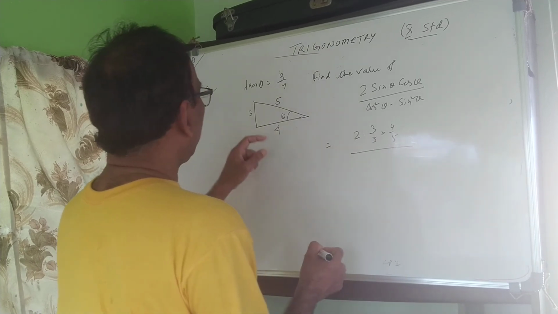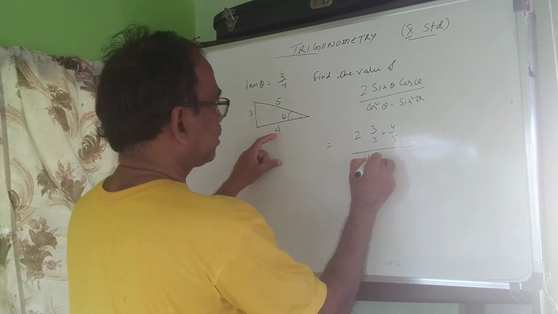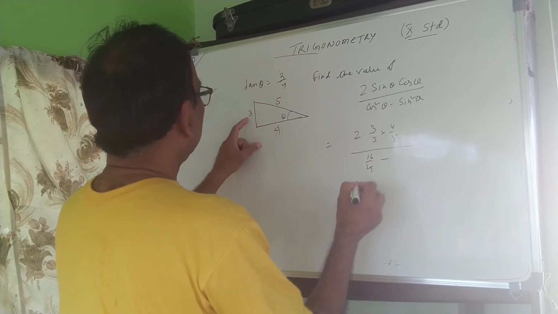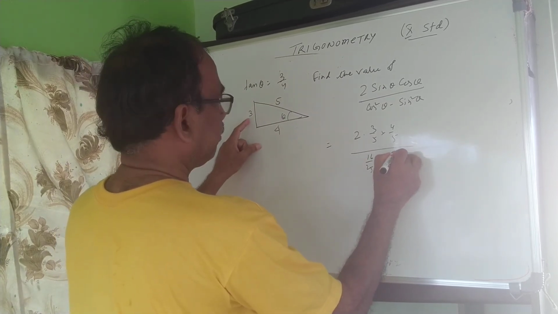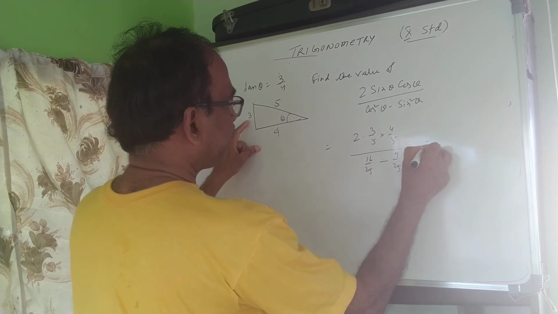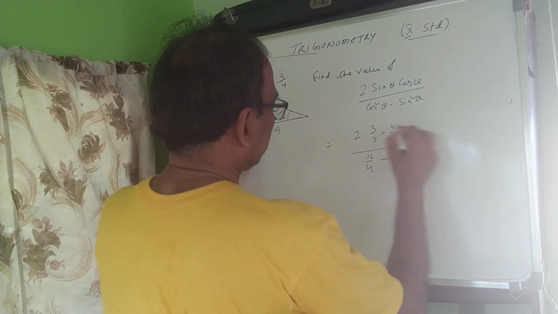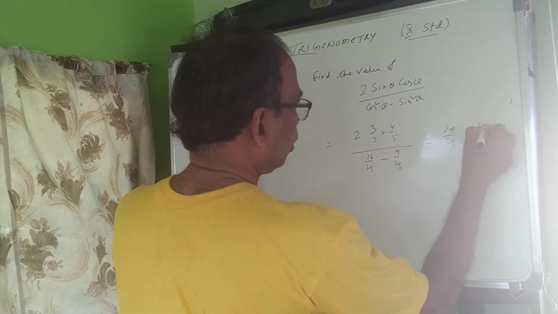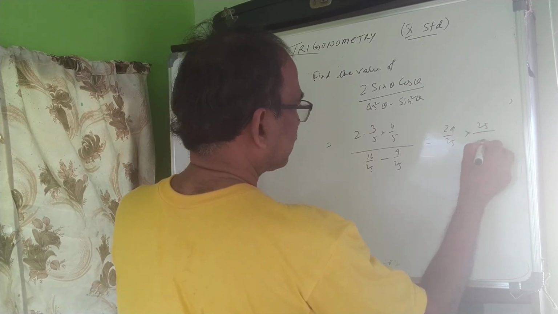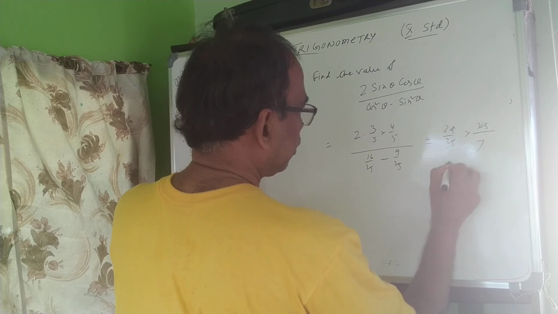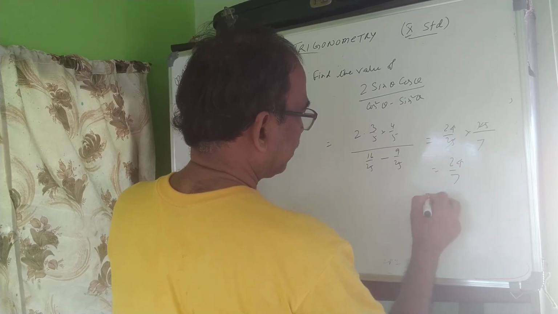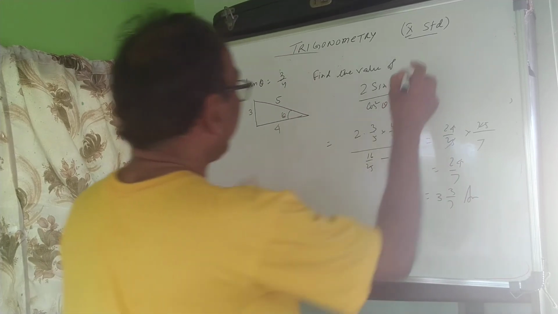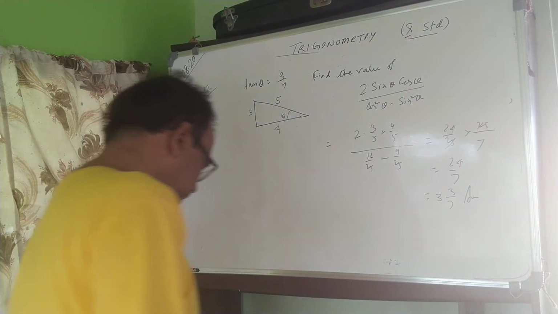Cos square theta is 16 by 25, sin square theta is 9 by 25. That is 24 by 25 into 25 by 7, that is 24 by 7, that is 3 and 3 by 7. That is the value of this, 3 and 3 by 7.